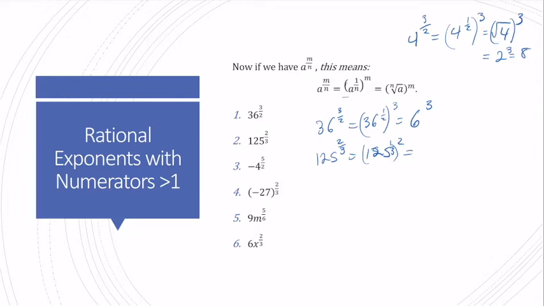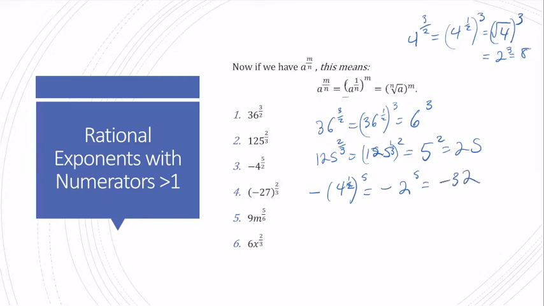Well, the cube root of 125 is 5. 5 squared is 25. If I want negative 4 to the 5/2, that's going to be negative 4 to the 1/2 to the 5th. Well, that's going to be negative 2 to the 5th, which would be negative 32.